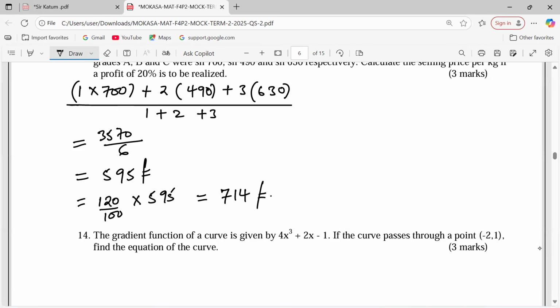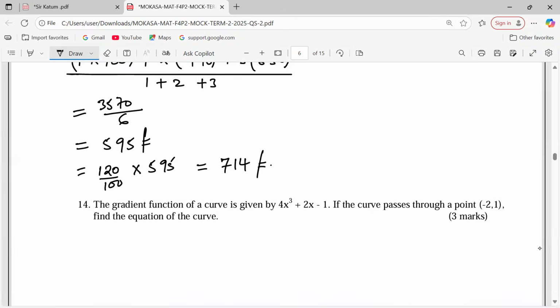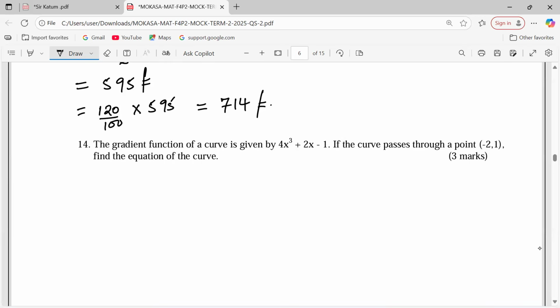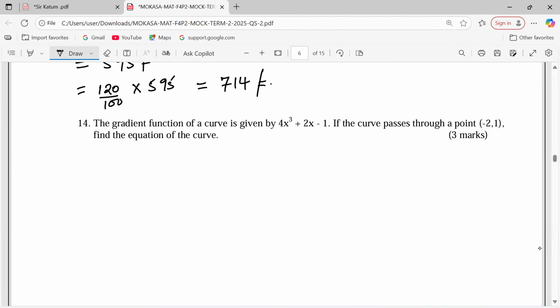Now at number 14, ladies and gentlemen, the gradient function of a curve is given by 4x power 3 plus 2x minus 1. If the curve passes through a point, -2, 1, find the equation of the curve.